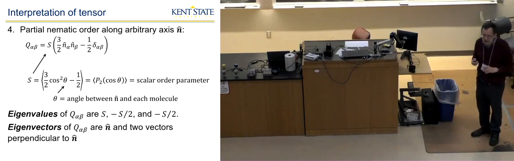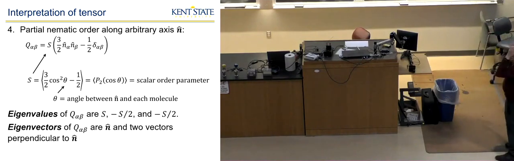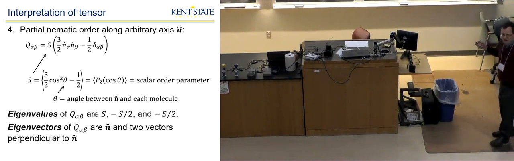The eigenvectors are n and any two vectors perpendicular to n. The n eigenvector goes with the S eigenvalue, and the others go with the others.